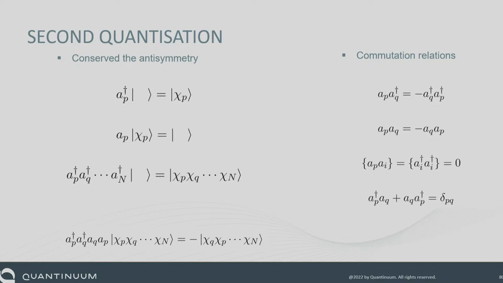But this is now done rather than at the wave function level by moving around the determinants, it's done at the operator level via these operators. And there are obviously all these famous anti-commutation relations here. But the main idea is that these operators preserve the symmetry.